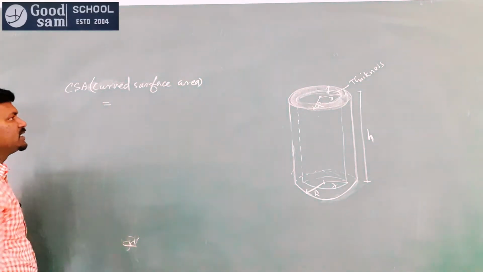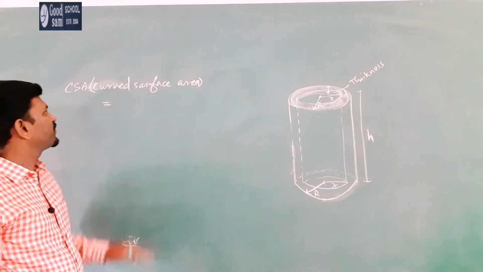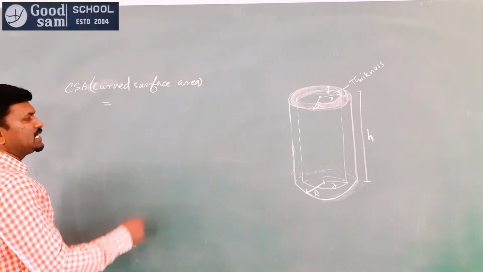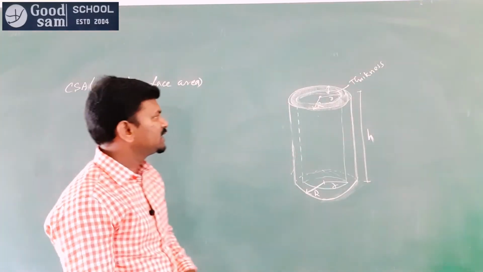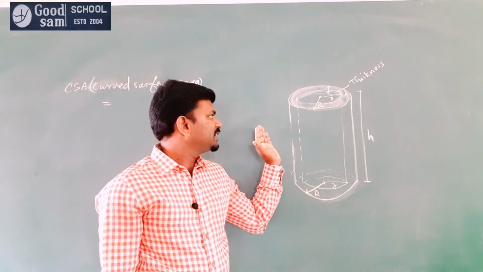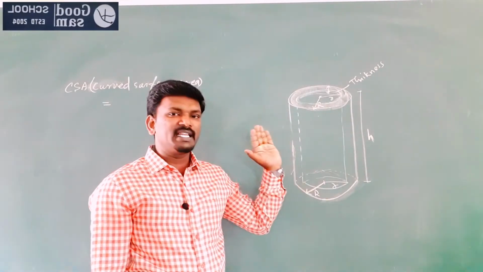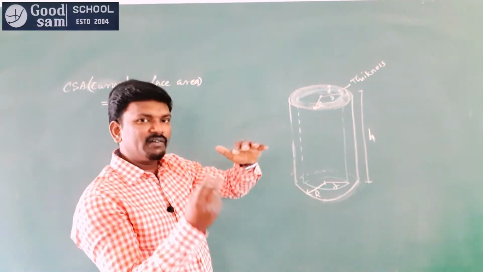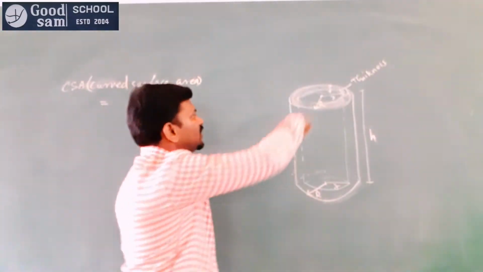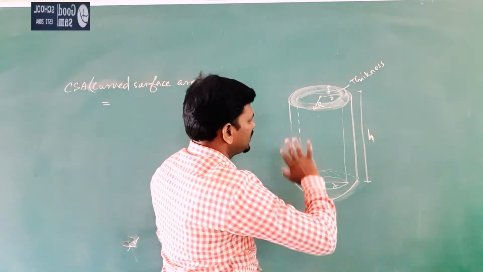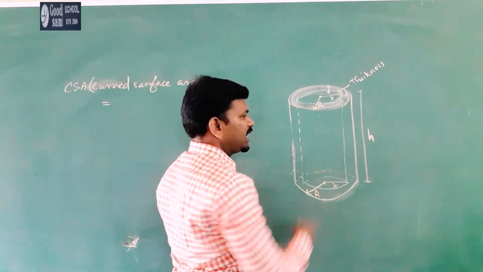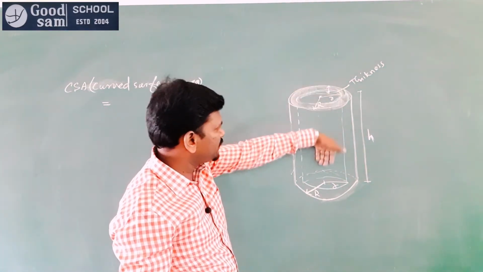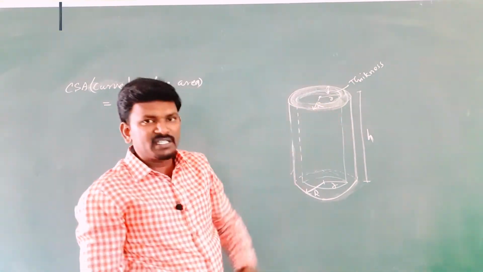For a hollow cylinder, even though it is curved surface area, there are two curves, the outer curve and the inner curve. Because there is an empty space, the inner curve is also there.